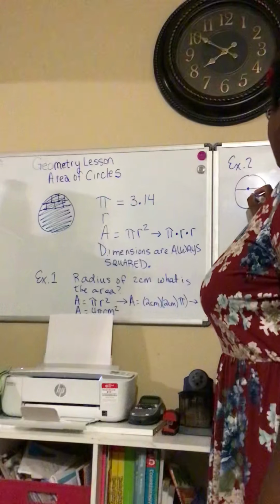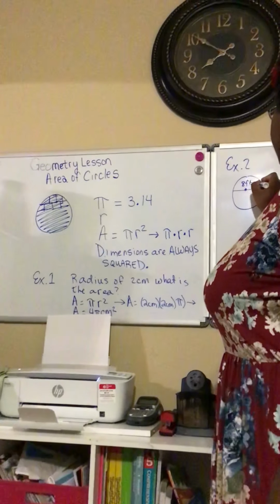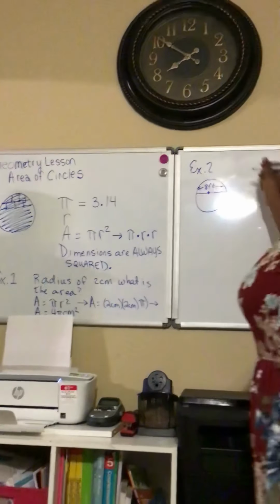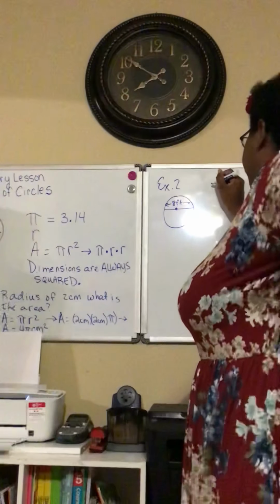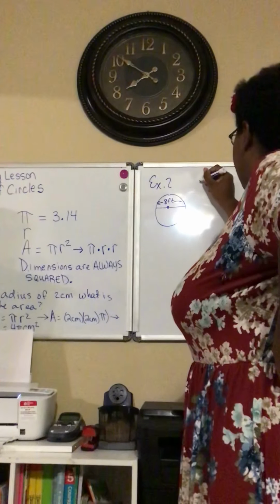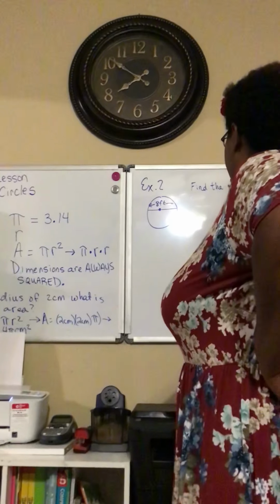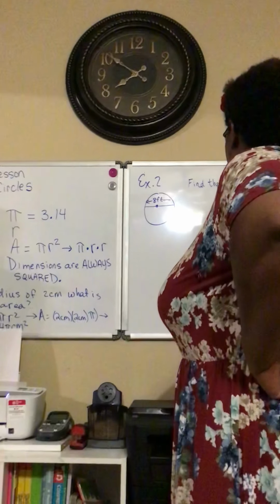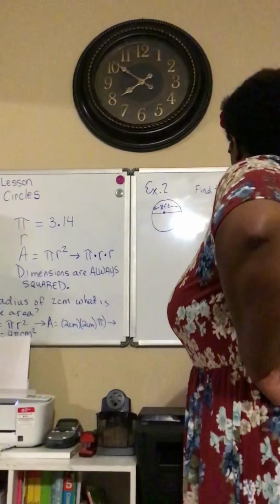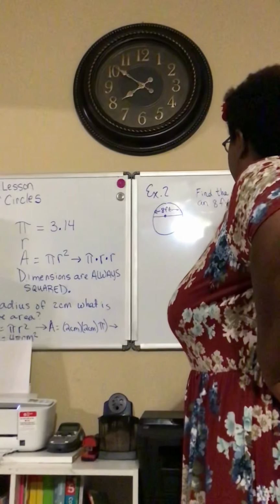Let's say they say, find the area of a pool with an 8-foot diameter.